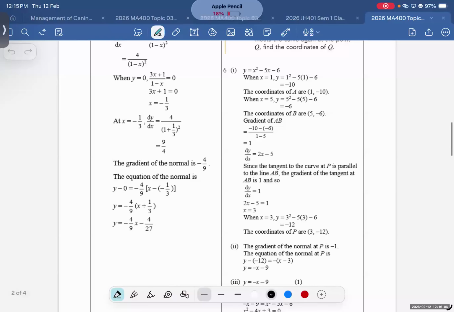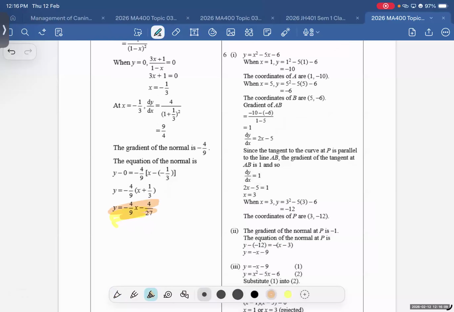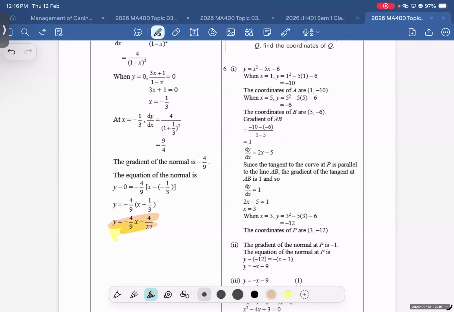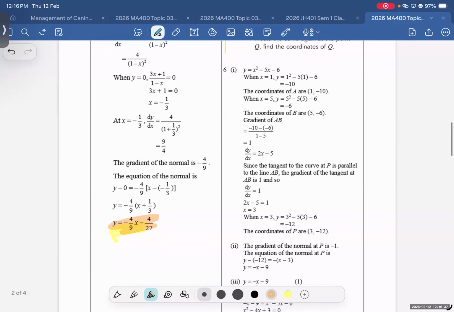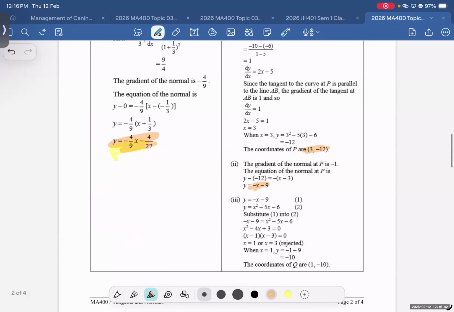No, don't take photo of the solution. Do by yourself. No, later you will copy. Question 6, done?